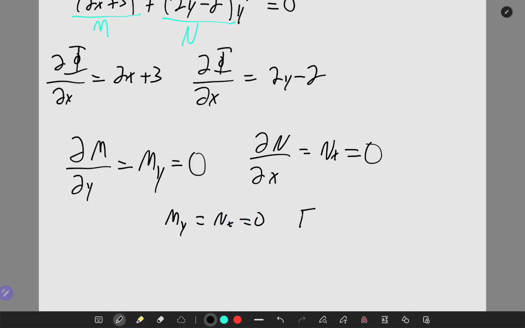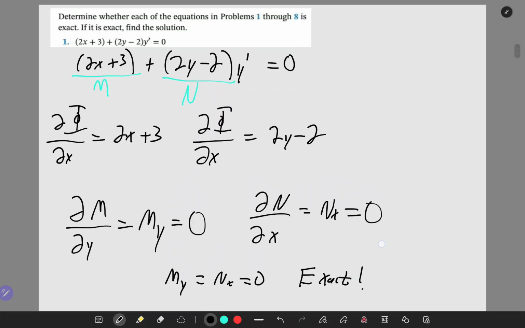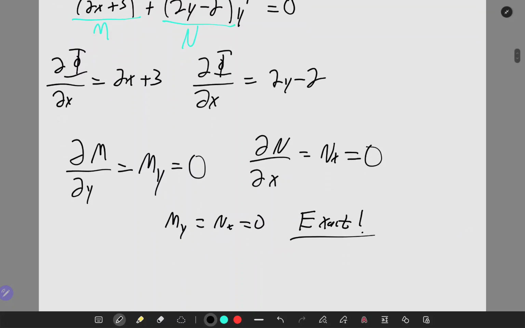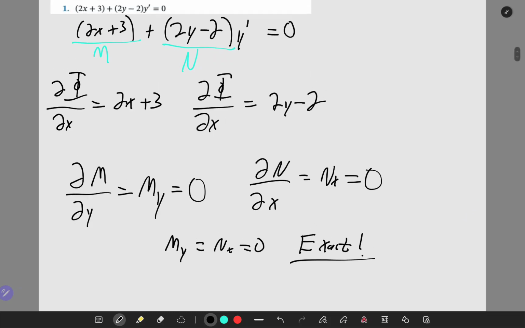So that tells us that it's exact. So that answers part A, right? It wants us to determine if it's exact and then find the solution. So now we can find the solution. So now you have two options here.